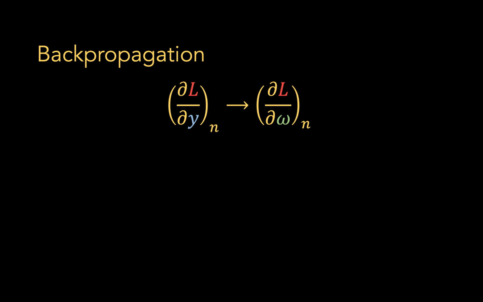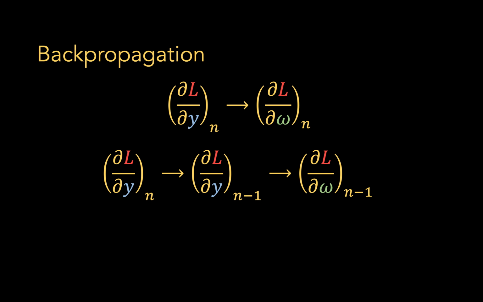Now we know that this process can be done for every neuron in the nth or final layer. If we have dL over dy, we can calculate dL over dω. But what about the other layers in the network? Well, the really great thing about backpropagation is that we can also calculate dL by dy for layer n-1, given that we know the value for layer n.